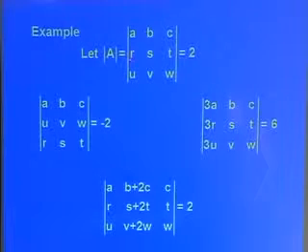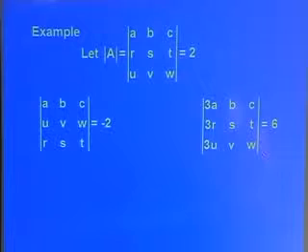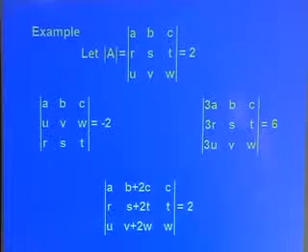This determinant is obtained from this determinant by multiplying this column by 3. So, this column is 3a, 3r, 3u. The rest of the things remain the same: b, s, v, c, t, w. Since this is multiplied by 3, the effect is 3 times 2, and the final result is 6.